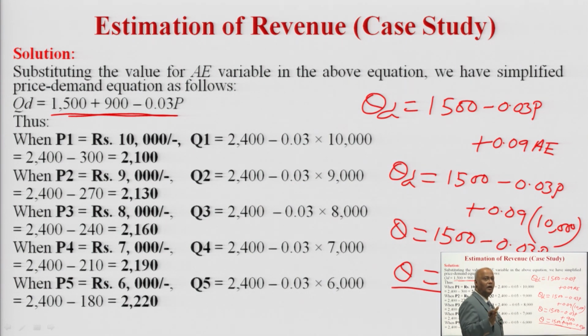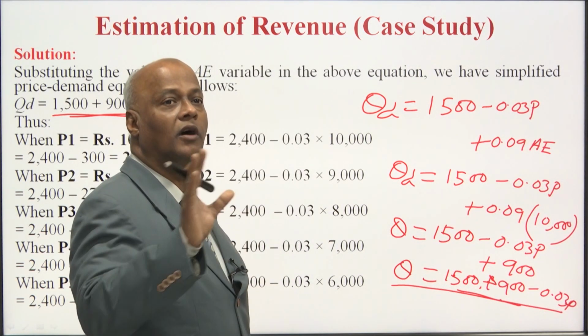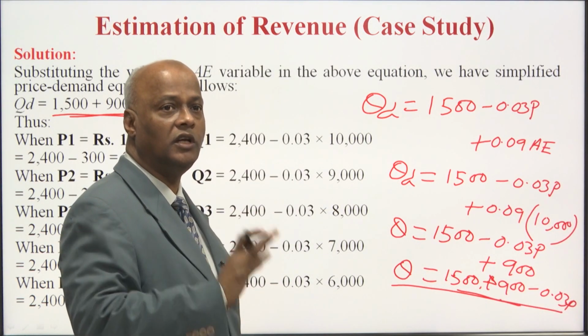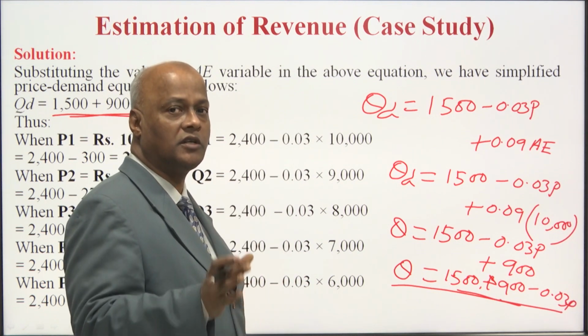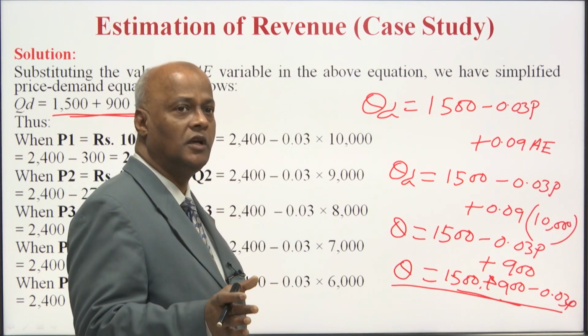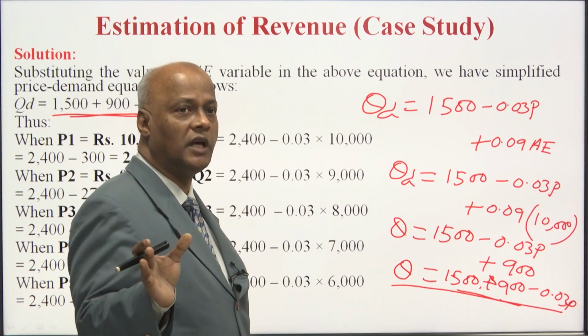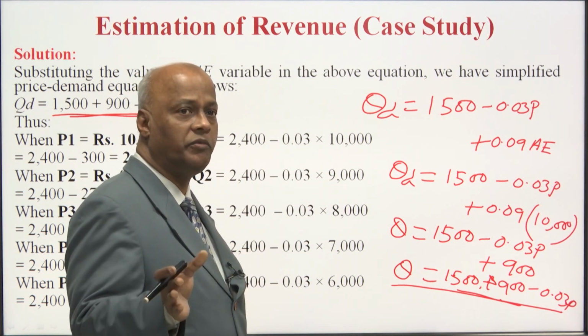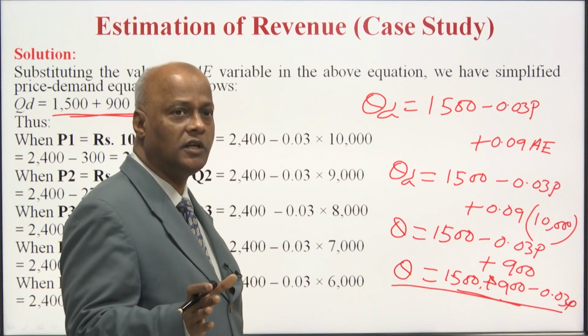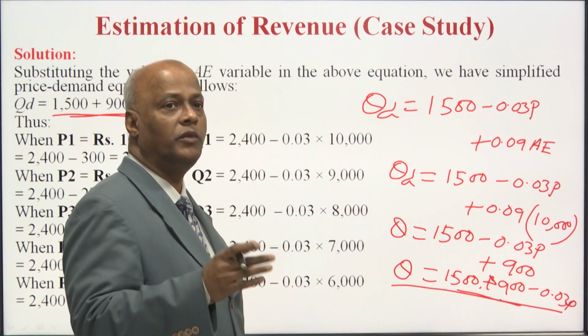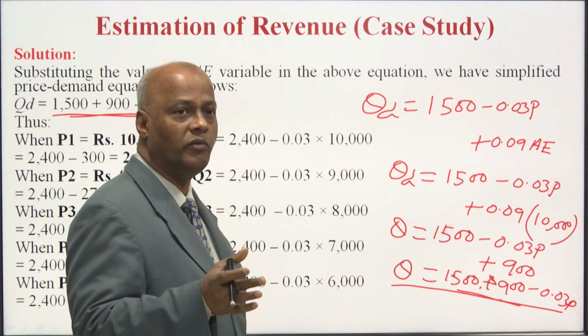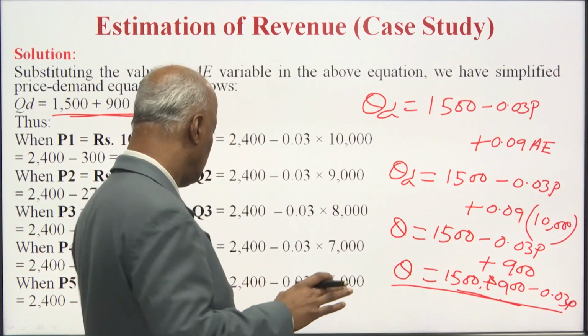Because in the demand part, I think it has already been discussed that there is an inverse relationship between the price and the quantity demanded, given other things constant, like your income, price of the related products, substitutes and complementary products, government policies, tastes and preferences. All other things remaining constant, there is an inverse relationship between price and the quantity demanded of the same product.